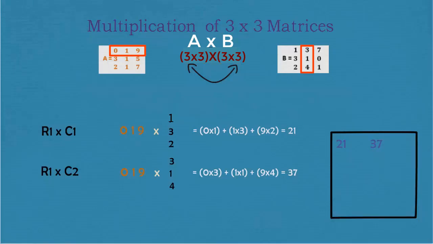So we put 37 at its position. Now multiplying the first row with the third column, that is 0, 1, 9 multiplied by 7, 0, 1, which is equal to 0 times 7 plus 1 times 0 plus 9 times 1. Adding and multiplying them, we get 9. So we are done with the first row of matrix A.